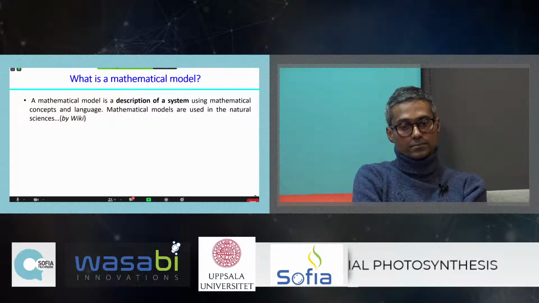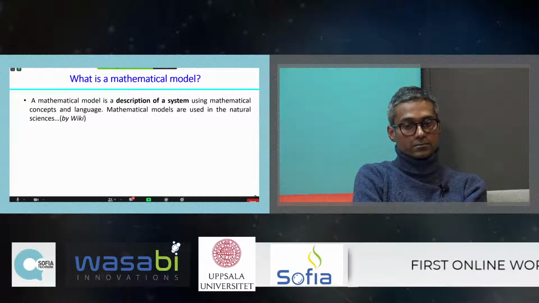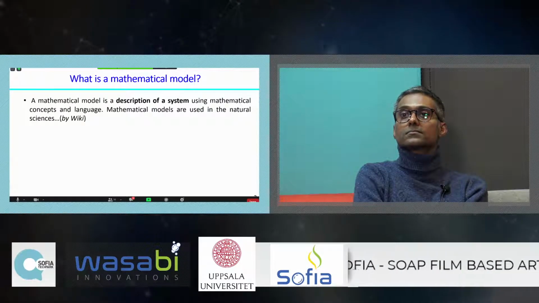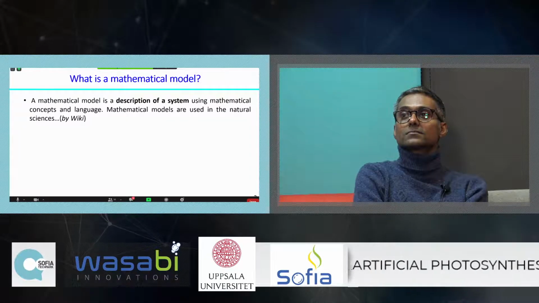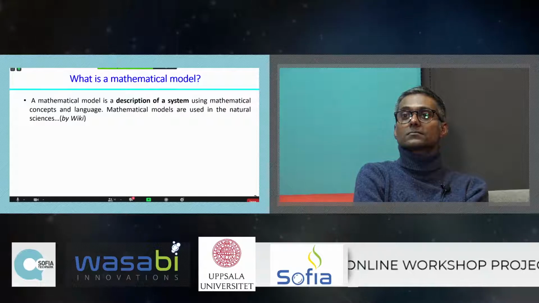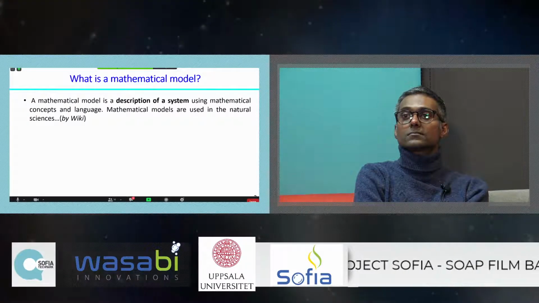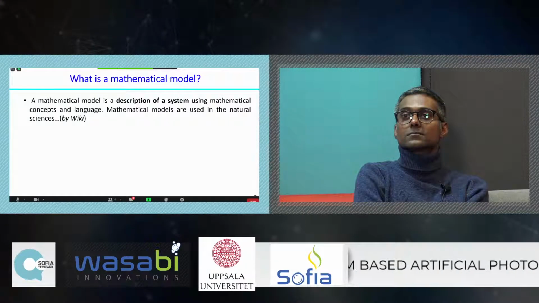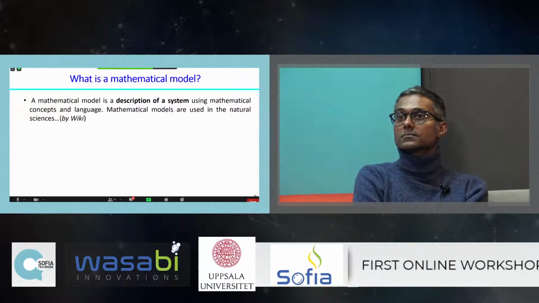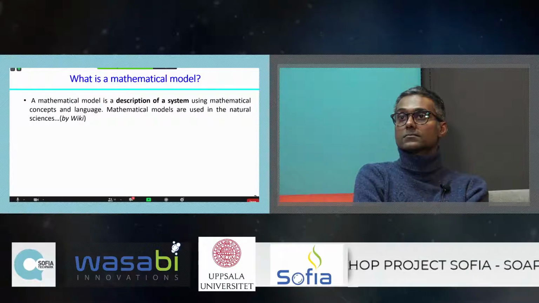So what is a mathematical model? Well, first thing I did, I Googled it. And I read what is currently available in Wikipedia, for instance. A mathematical model is a description of a system using mathematical concepts and language. Very obvious. We all have such a notion, right?